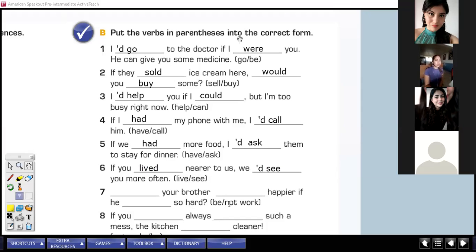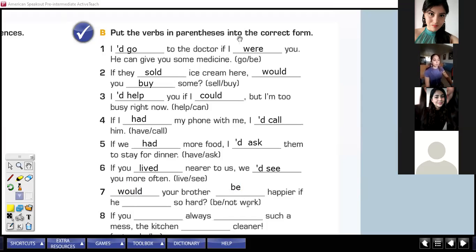Roberto, it's a question. Would your brother have been happier if he worked so hard? But it's negative.